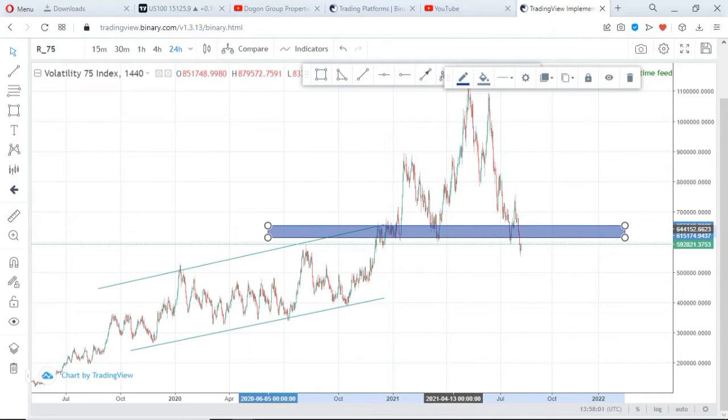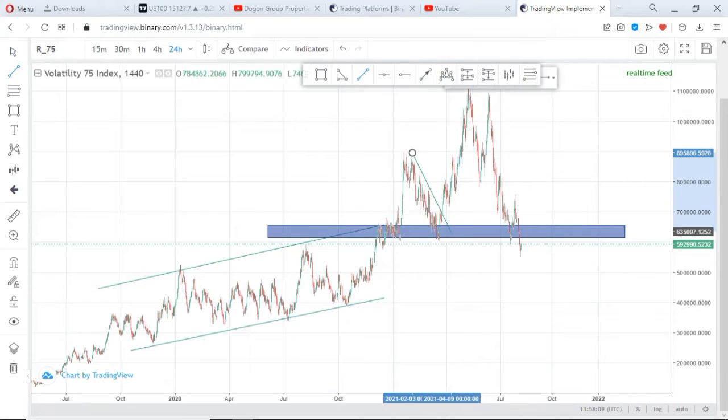This is our sensitive zone on our daily chart, and this is our supply and demand zone. So it broke through and retested as a channel type. You can put a line there that's telling us that this is a channel going down to our zone. You can see that it came as a bullish channel, broke through, and retested on that zone.